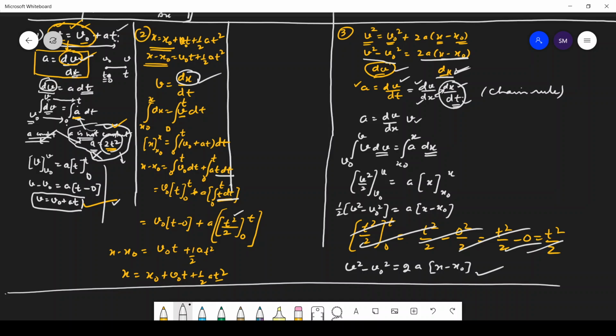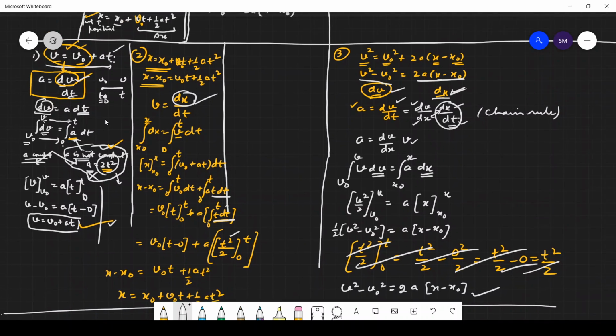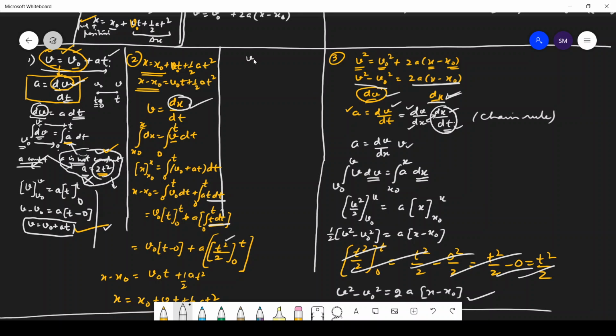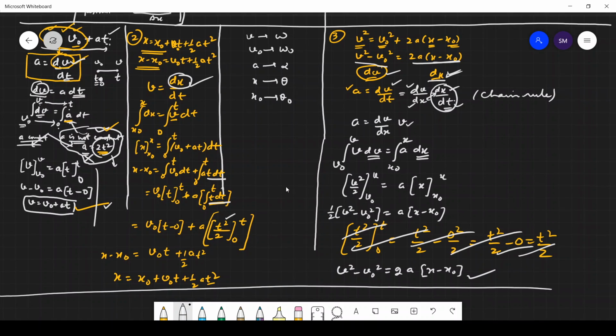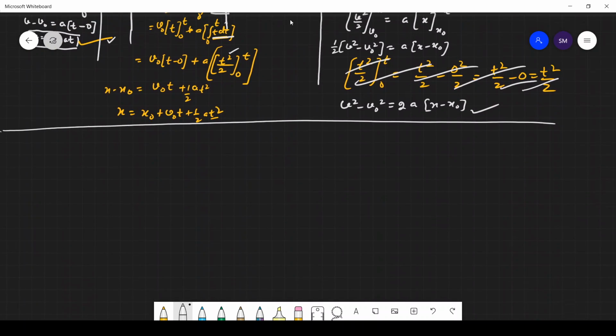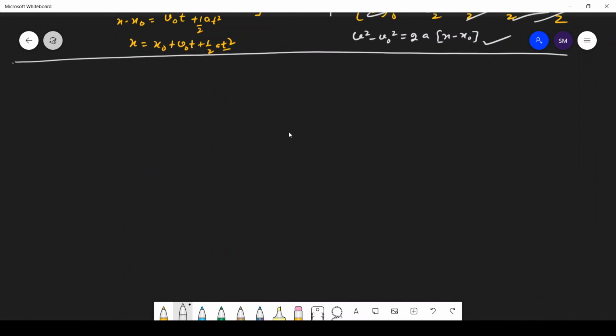Like here you need to replace v with omega, v naught with omega naught, a with alpha, x with theta, x naught with theta naught, and you can derive these equations in the same way. So that's homework for you. Derive them using first principles in the same way as we have derived them. You just need to replace the variables, nothing else.